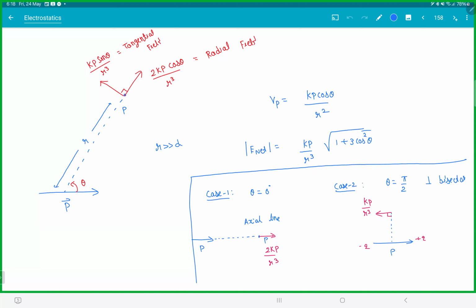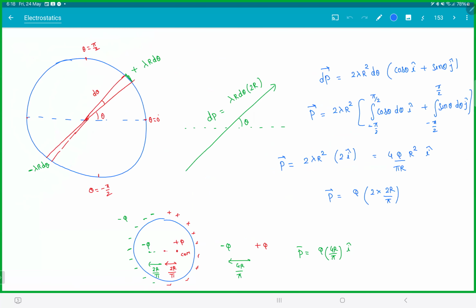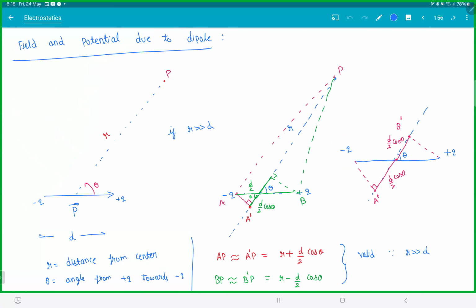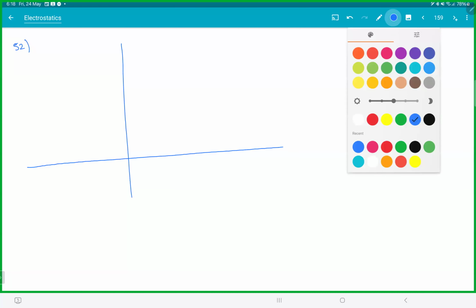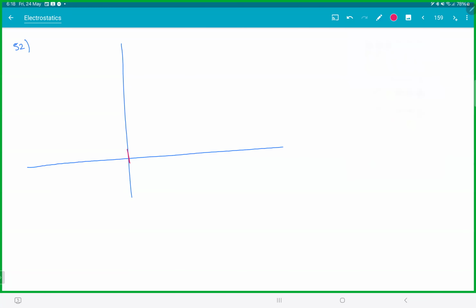Let's see our question. We have a small dipole here, P, which is constructed from Q equal to, let's say, 10 power minus 6 coulomb, and D equal to 2 millimeters.